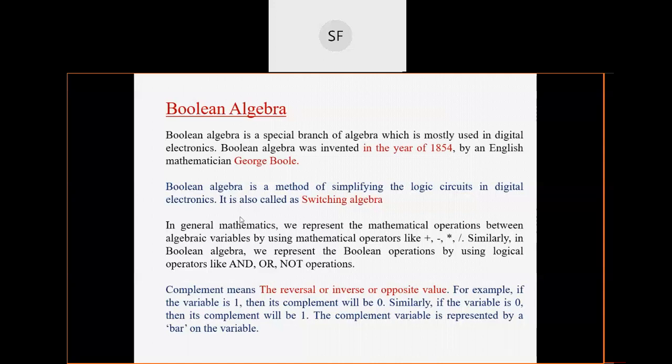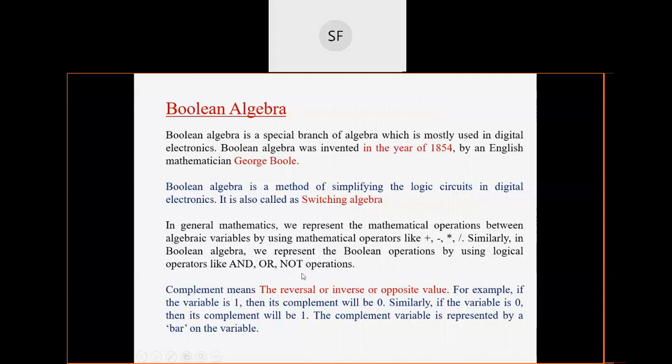In general mathematics, we represent mathematical operations between algebraic variables by using mathematical operators like plus, minus, multiplication, division. This is in our general algebra, which we have studied already up to the 10th or 11th or 12th standard. Similarly, in Boolean algebra there are many operations, and the basic operators are AND, OR, and NOT.